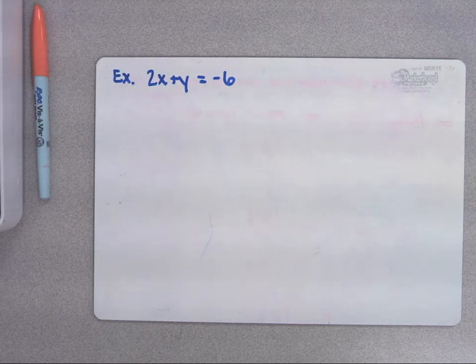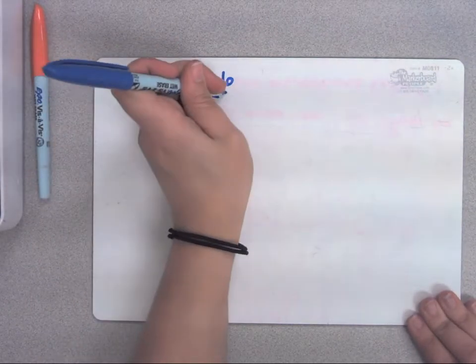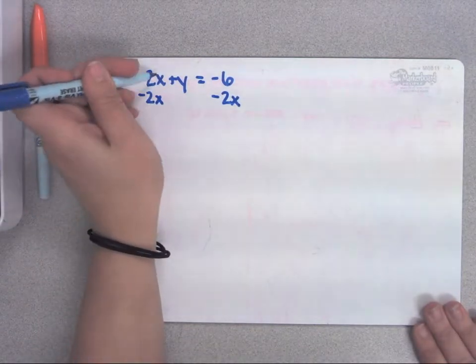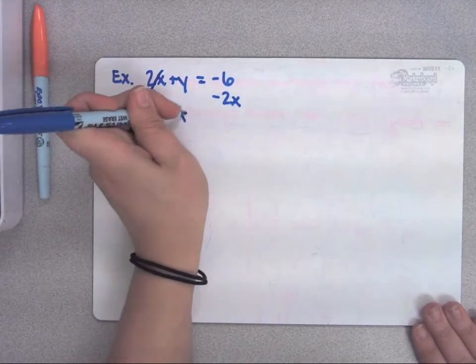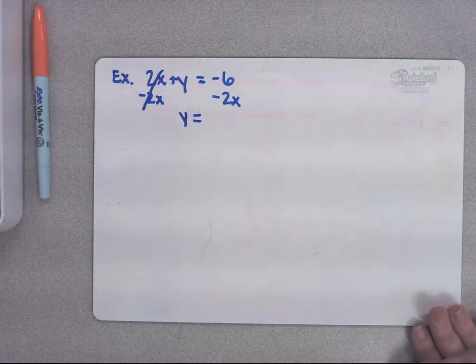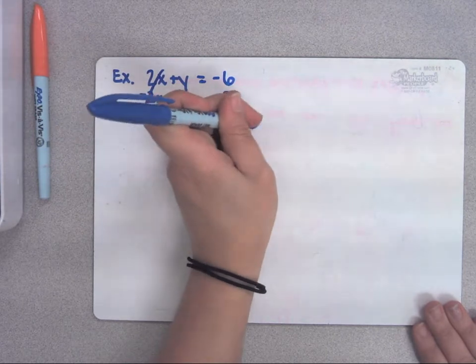CJ, how am I going to move my 2x so the y is by itself? Yep, minus 2x from both sides of the equal sign. The 2x minus 2x, those cancel out. We just have y equals, which one's going to go first? The negative 2x. And I keep the minus 6 in front of it.